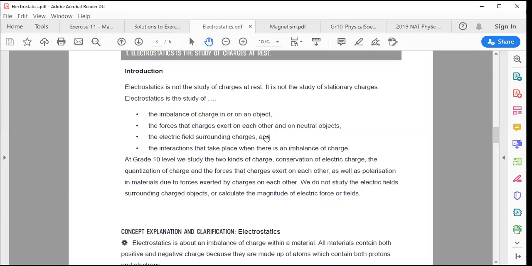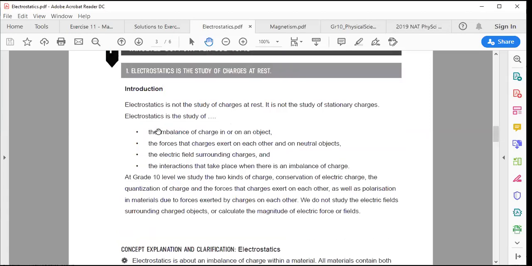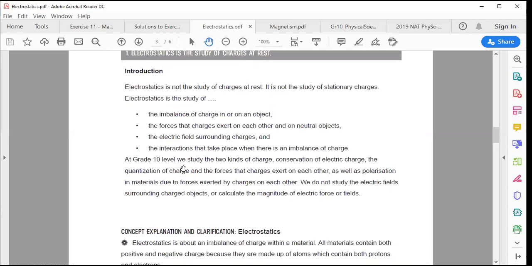The electric field surrounding charges. So you can also look at the electric field around charges, and the interactions that take place when there's an imbalance of charge. That's a better way to define electrostatics. So this part here is just trying to give better definitions for electrostatics.